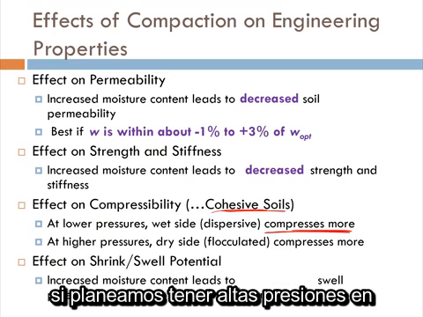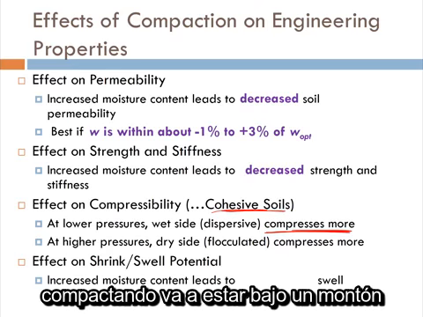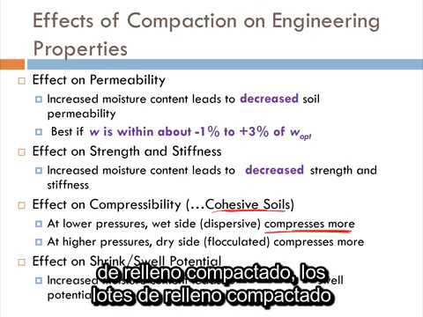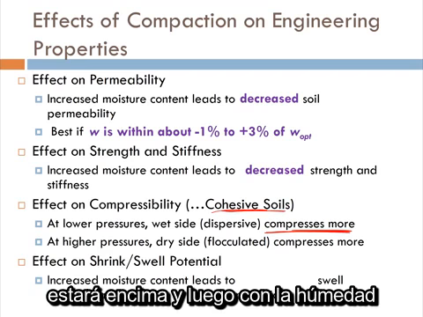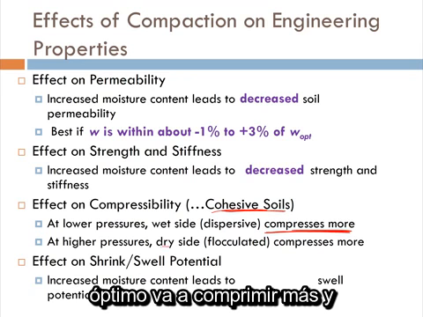However, interestingly enough, if we plan to have high pressures, in other words, the soil that we're compacting is going to be under lots of compacted fill, then wet of optimum will compress less, and dry of optimum is going to compress more.